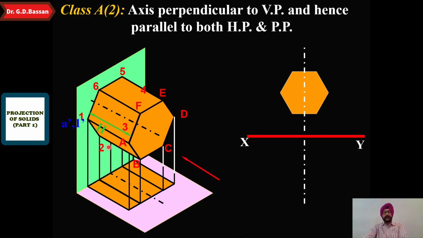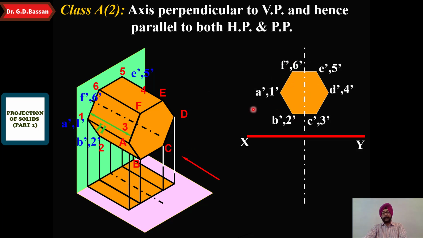Similarly, you are getting B and 2 as a single point, that is B dash 2 dash, which we will keep here. Similarly, we can go for C and 3, that is C dash and 3 dash, D dash and 4 dash, E dash and 5 dash will be here, and 6 and F will be on this point, so that is F dash and 6 dash.